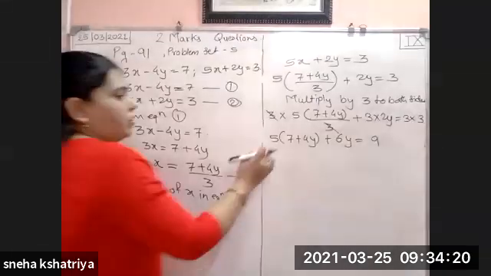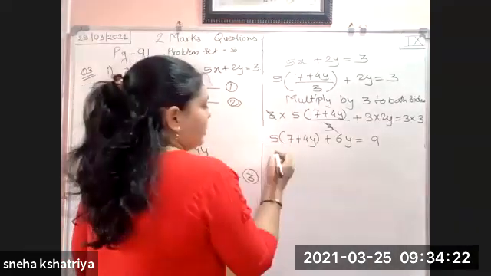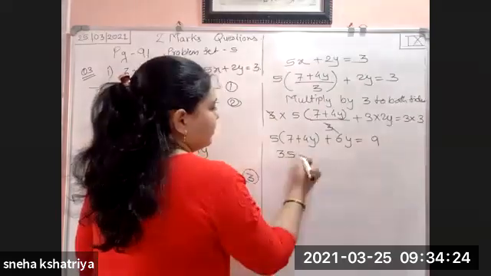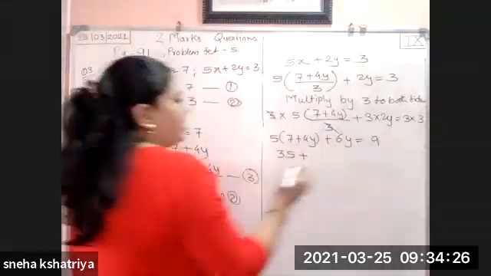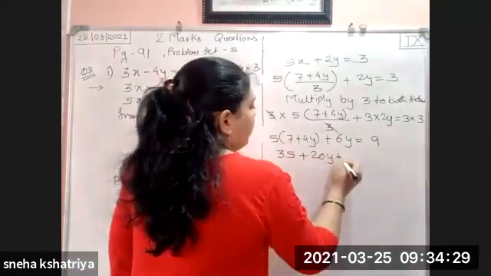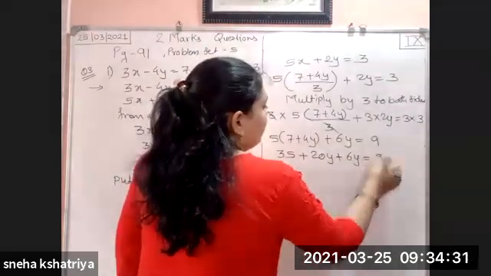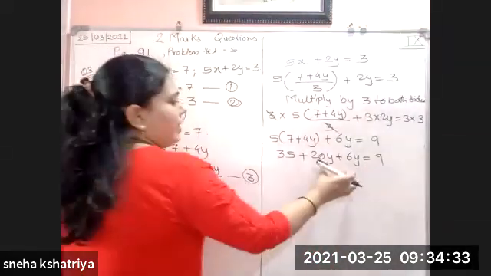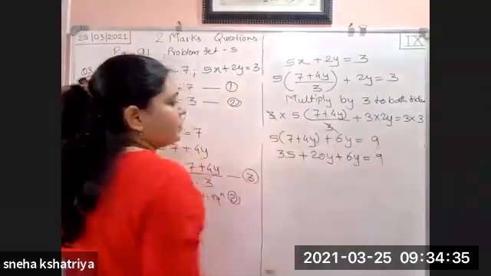Okay. So now multiply by 5. 7 5s are 35. 5 4s are 20 plus 6y is equal to 9. See here, y terms, keep it here only. 35 shift to the right hand side.